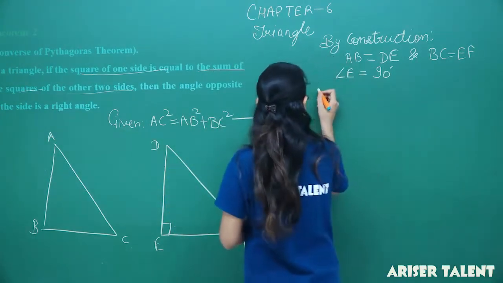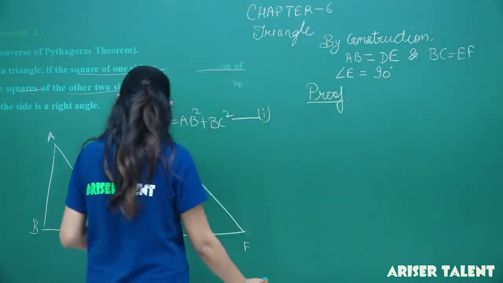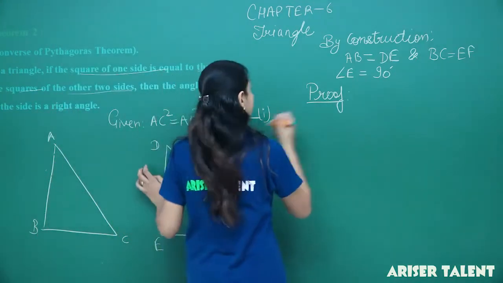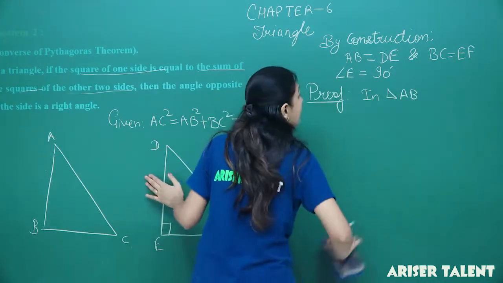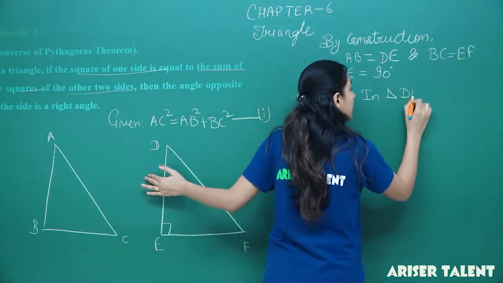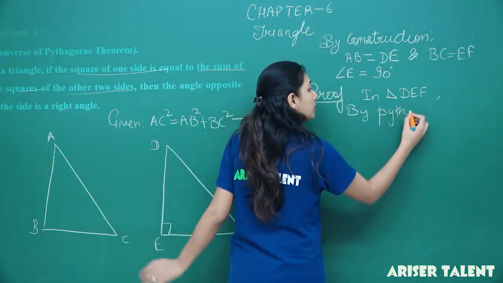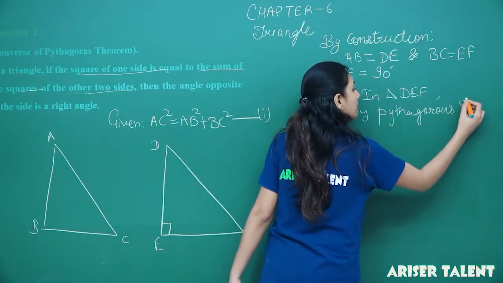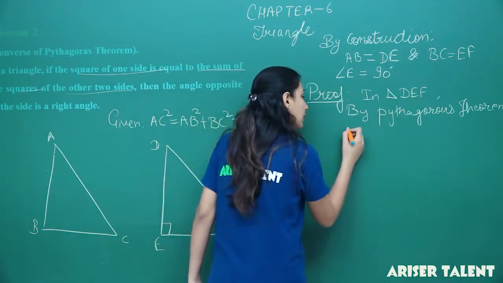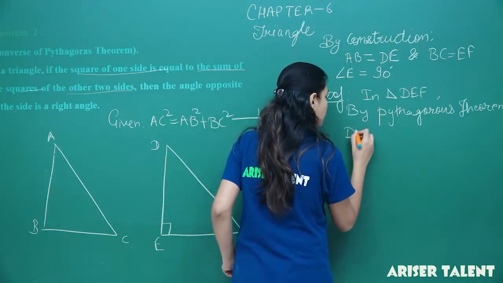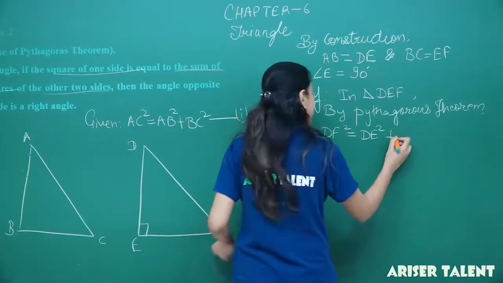Now, come here for the proof. In the right angle triangle, our construction DEF, by the Pythagoras theorem, we have proved that the hypotenuse square, that is DF square, equals the sum of the squares of the remaining sides, that is DE square plus EF square.